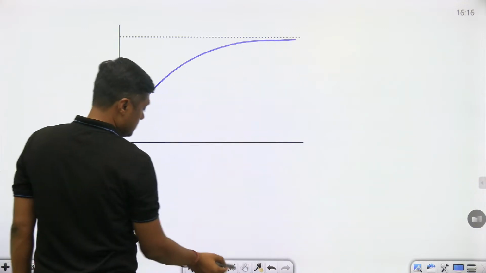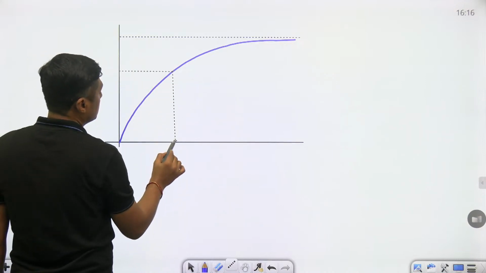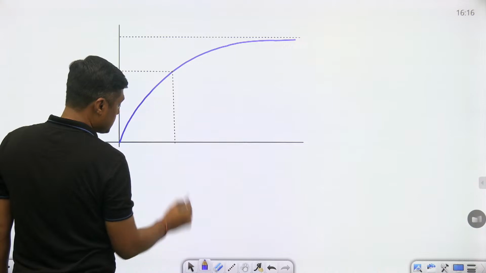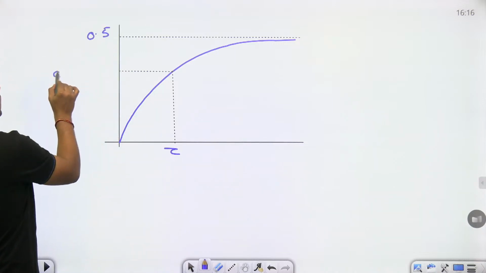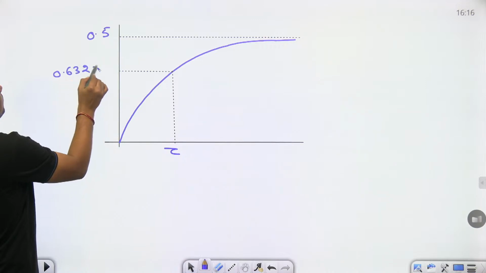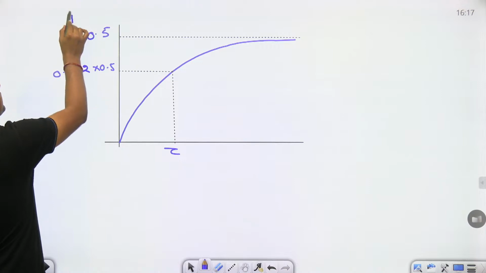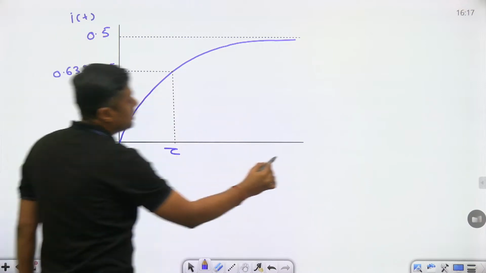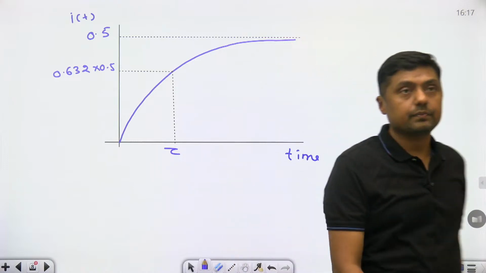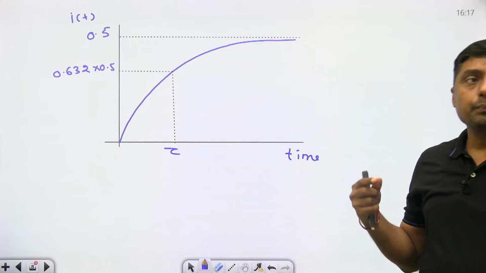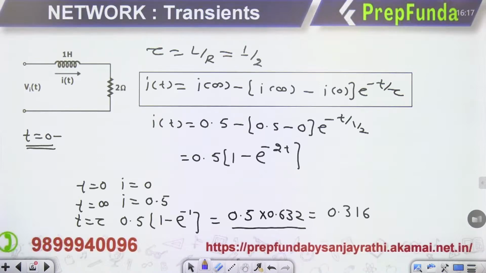In one time constant, it will reach 0.632 of final value. Okay, this is the current and that is time. So this is all done about the RL circuit. Now, this is about the RL circuit.